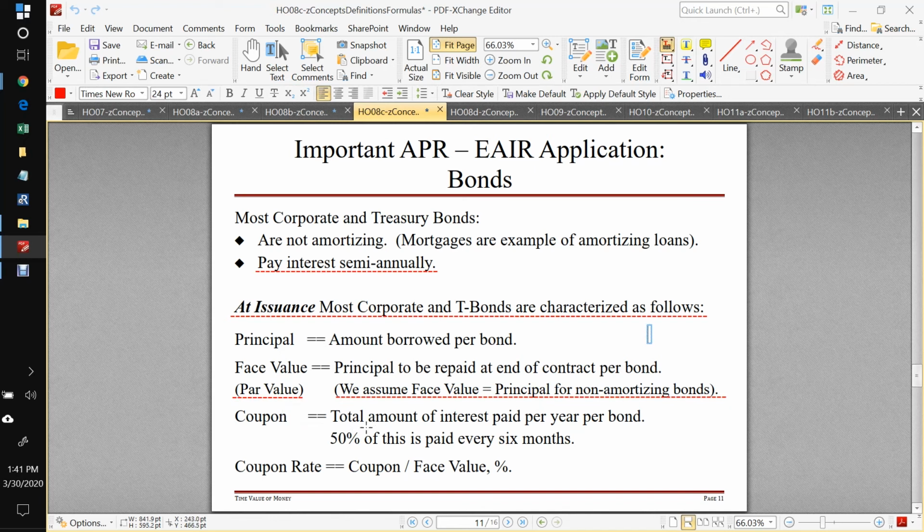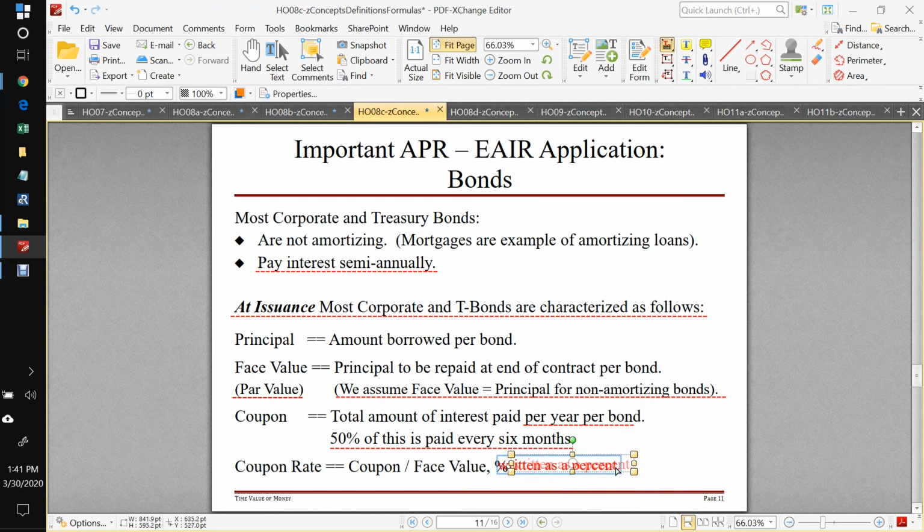And the coupon is the total amount of interest paid per year per bond. We've got to remember that 50% of this is paid every 6 months. So we can get from the coupon a coupon rate, which is the coupon divided by the face value, and that's going to be written as a percent.